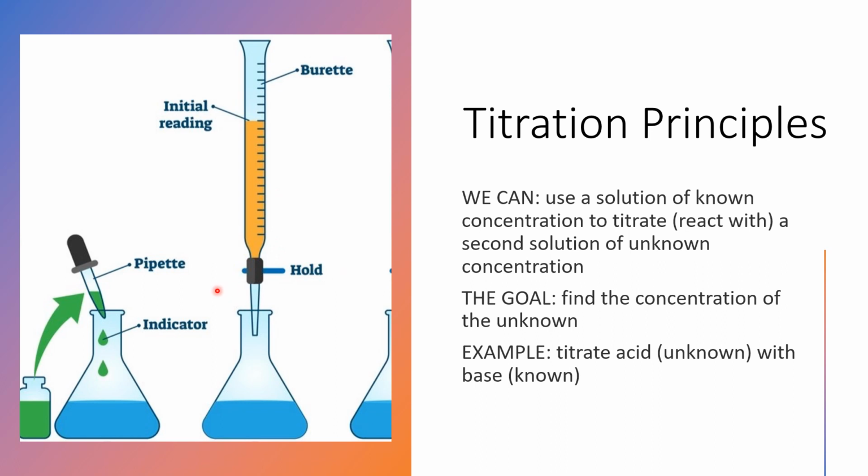So in this example, we're going to titrate an acid chemical species of unknown concentration with a base chemical species of known concentration, and we're going to use the data that we collect in order to ascertain the concentration of the unknown.